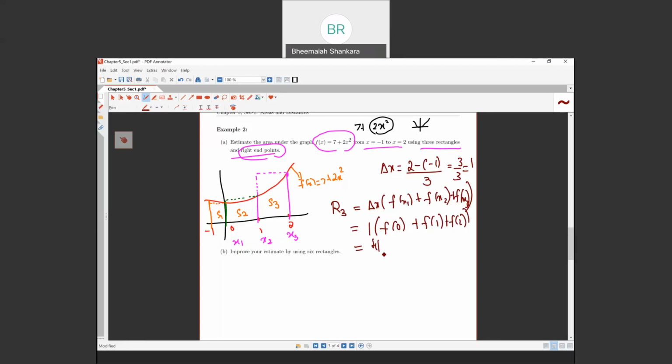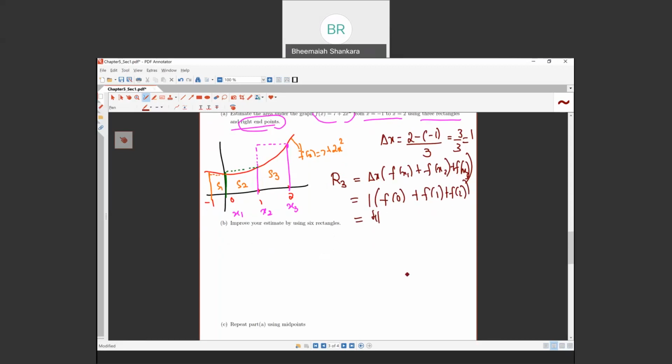In the next example, you are asked to improve this estimate by using 6 rectangles. So when it says 6 rectangles, you're going to change your delta x. Let's calculate it: it's b minus a divided by n. The right extremity is 2, the left extremity is -1, divided by 6 rectangles. So you have 3 divided by 6, which is 1/2.